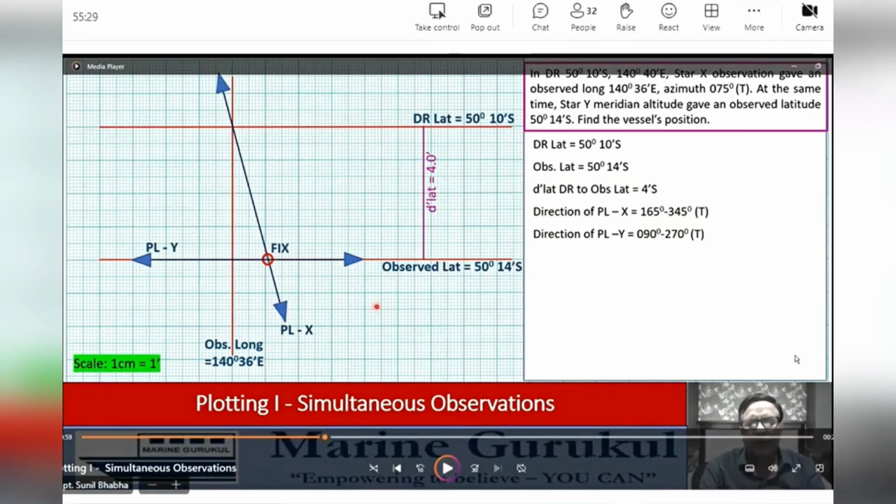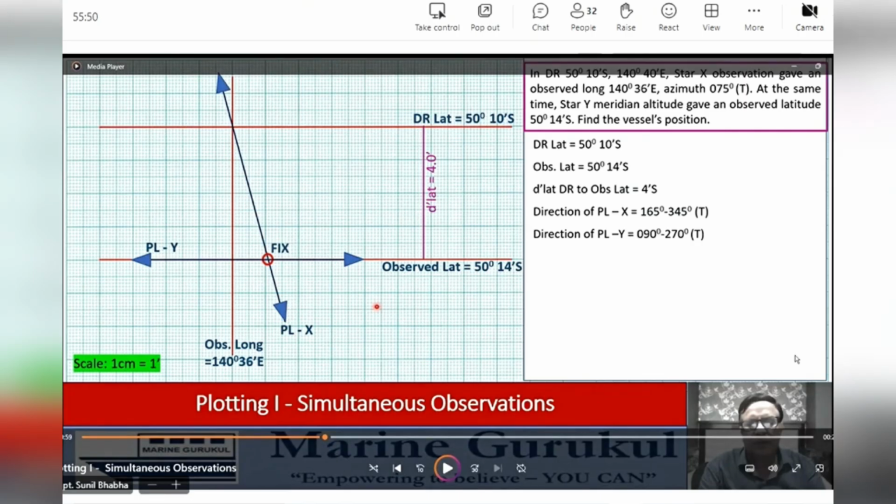Okay, beta. So second PL is also there now, and the intersection point of both the PLs becomes the fix. Go ahead, beta. Sir, why are you taking observed long for the second PL, sir? We can take DR long also, correct? No, beta. The second observation is meridian altitude observation.